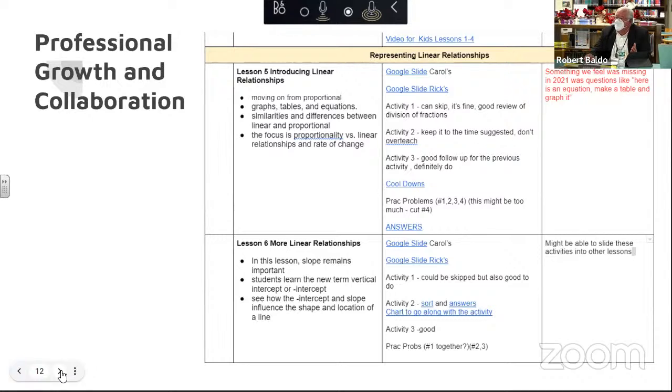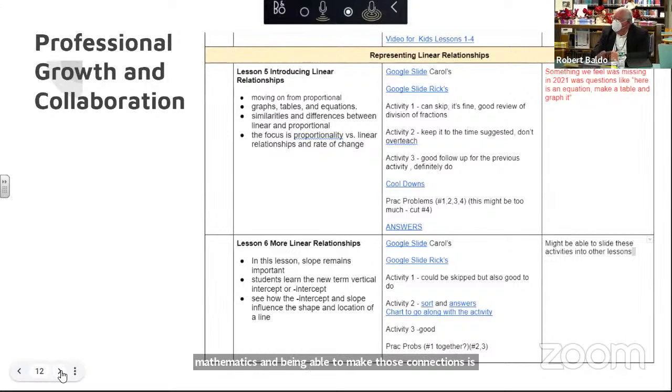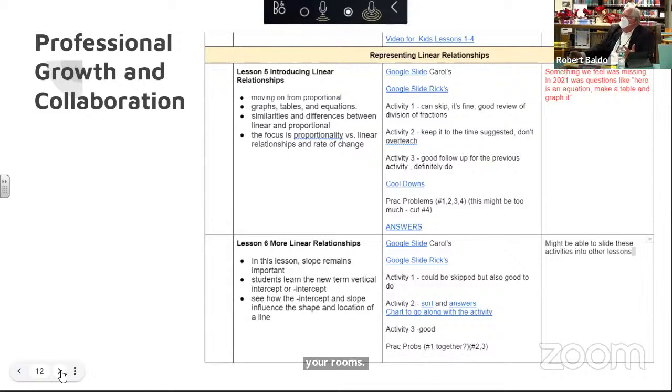Where folks may not be comfortable with teaching the mechanics, every household has problems that relate to mathematics, and being able to make those connections and say, as you're looking to paint your rooms, there are problems here that you can involve your son or daughter in. It's just a thought.